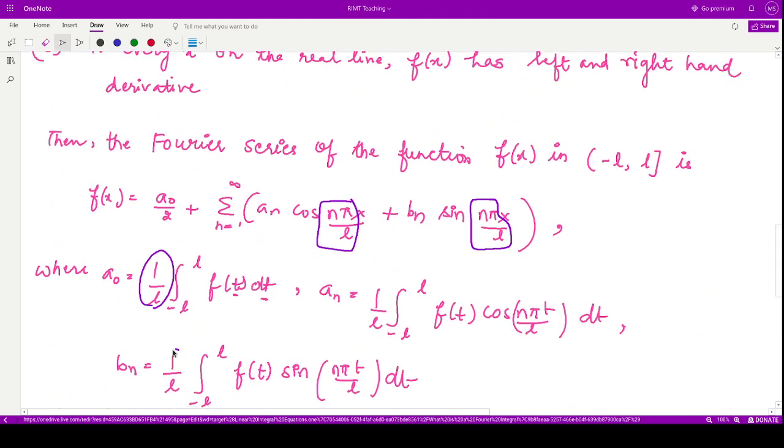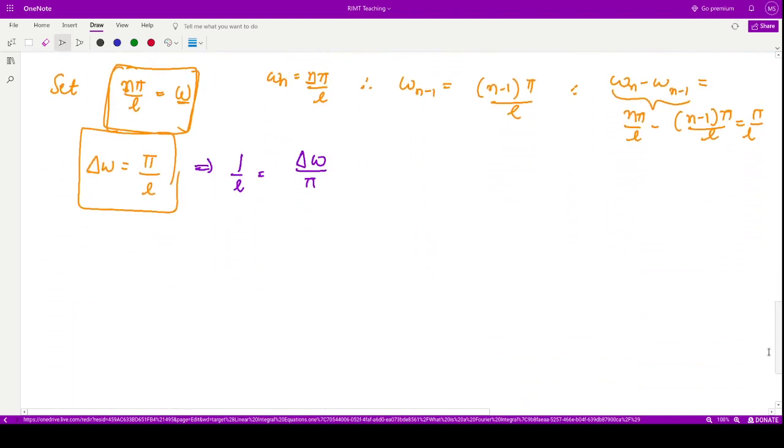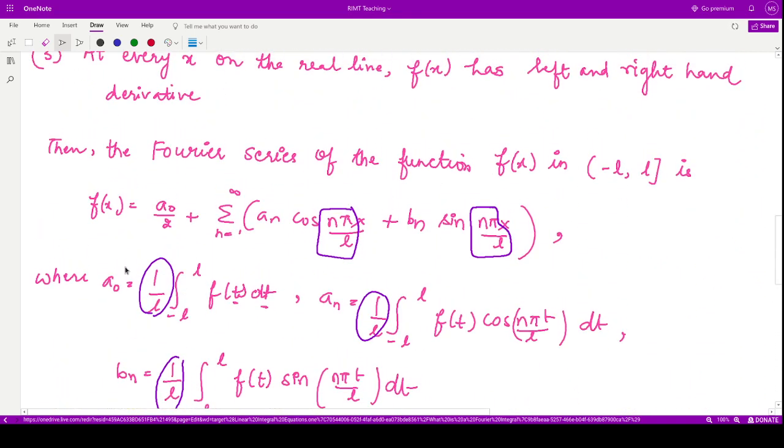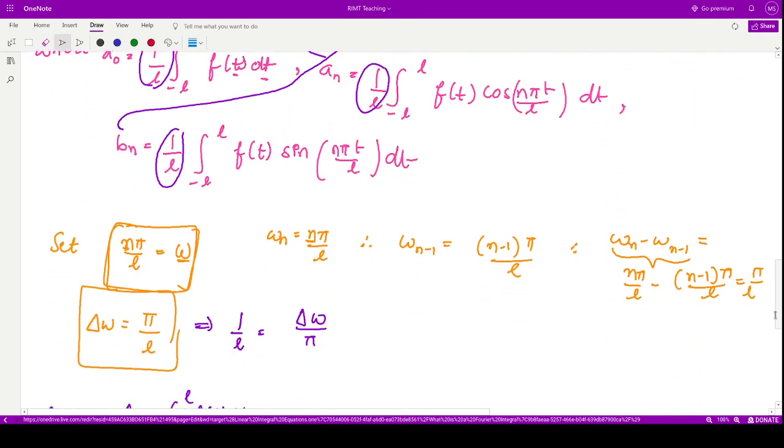So let me do that quickly. So let's see, what do we have? We have f of x equal to delta omega divided by 2 pi, integration minus L to L f of t dt, plus, moreover, in place of these coefficients I am substituting the values here, so that I would obtain the integral form for the Fourier series.